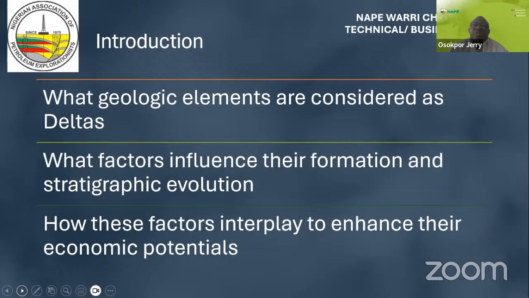On the subject of the source sediments of the Niger Delta, two schools of thought exist. One school believes that the Akata is the sole source rock of the Niger Delta, while the other believes that the Agbada is the source rock.